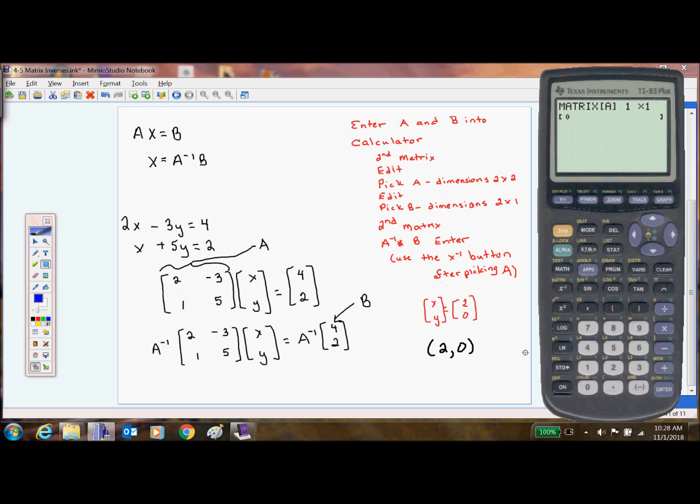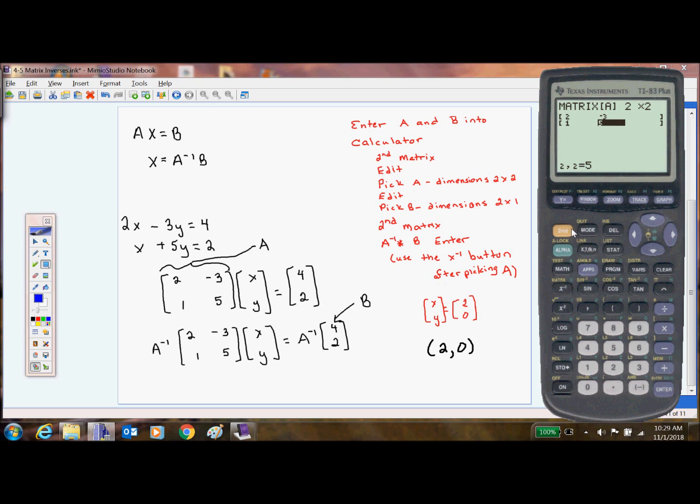It's a 2 by 2, so we want to do 2 by 2. And then we need to fill in our numbers, 2, -3, 1, 5. Once again, when you do the -3, make sure you're using the gray negative instead of the blue negative. So there's our matrix A.